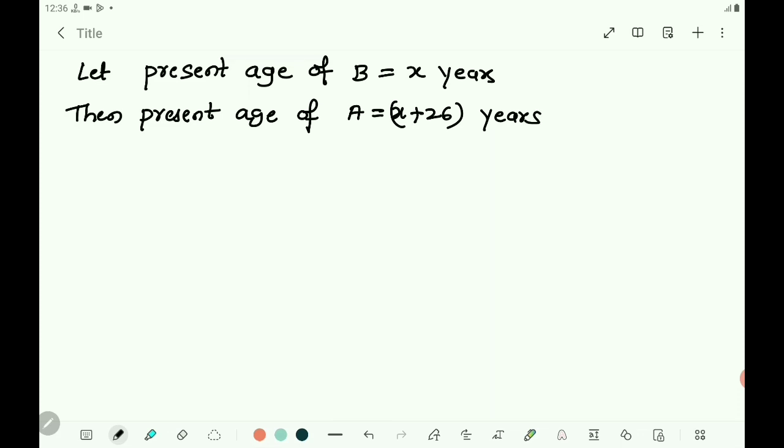So we have to take the present age of A equals x plus 26 years.